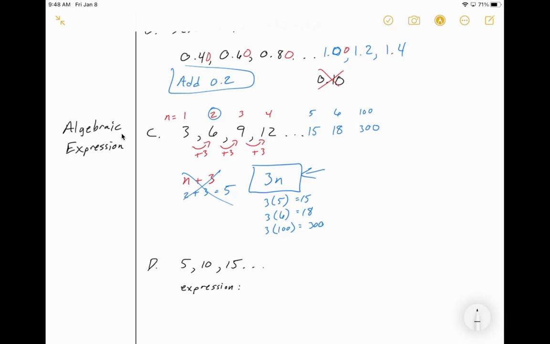If you have a guess, go ahead and put it in the chat. All right, I got some people putting it correctly in the chat right now. That's good. Anyone else have a guess? What would be the expression here?